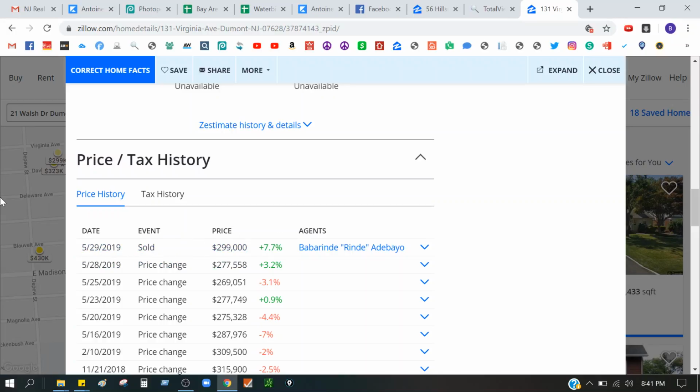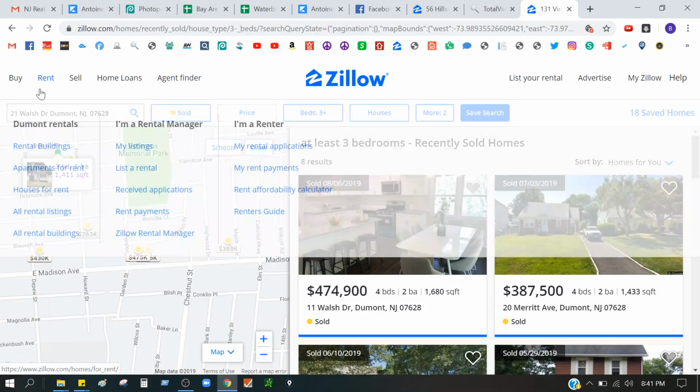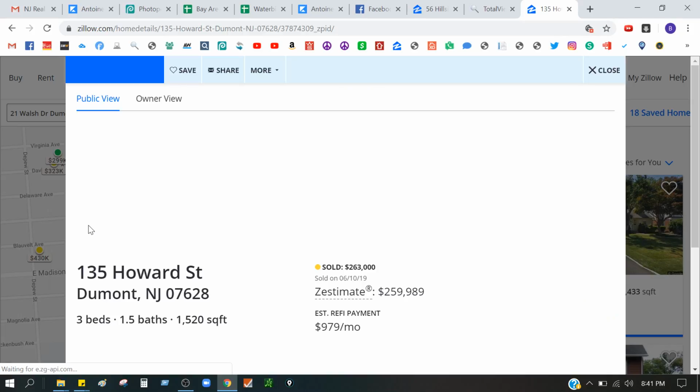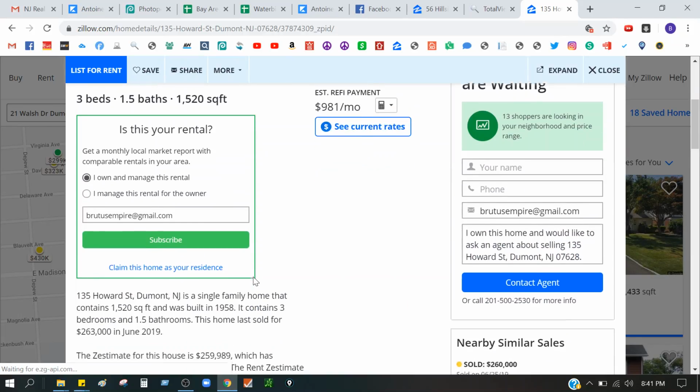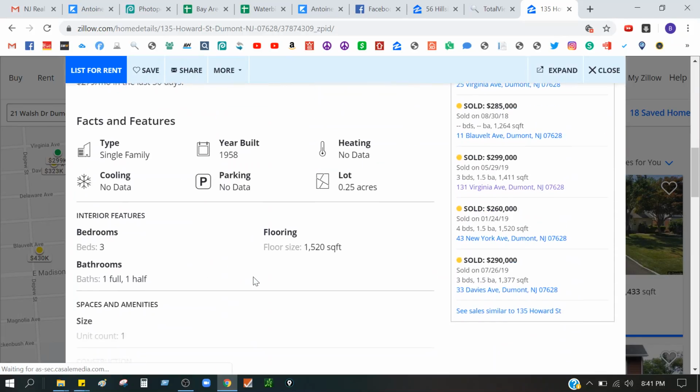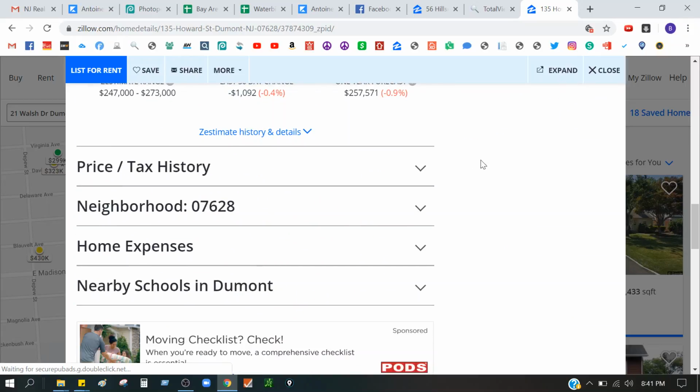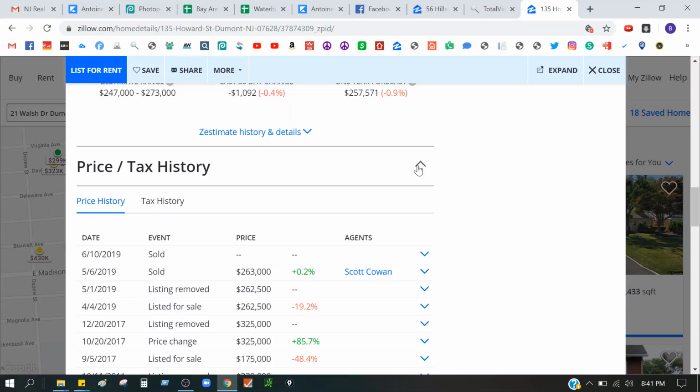So something like this property, and also this property right here, I would go into the price and tax history as well. Okay, so this one, 5/6/2019.